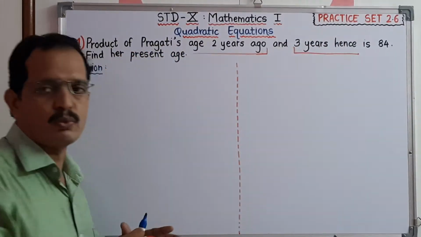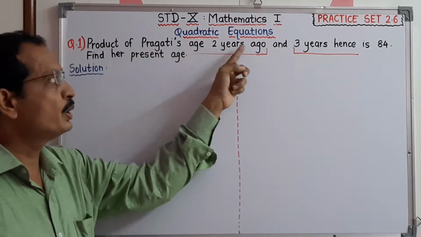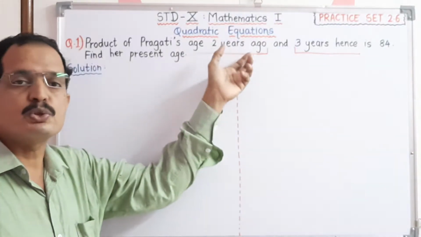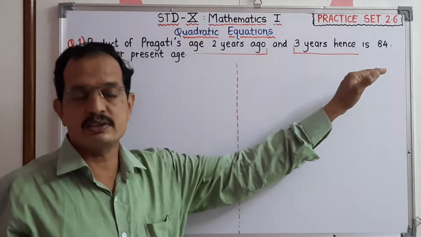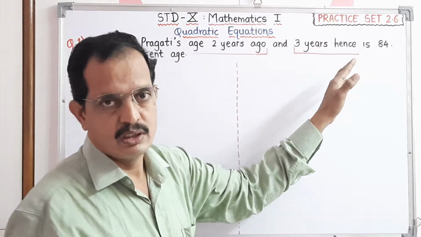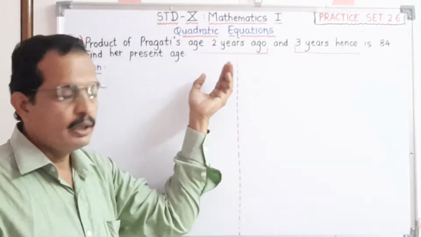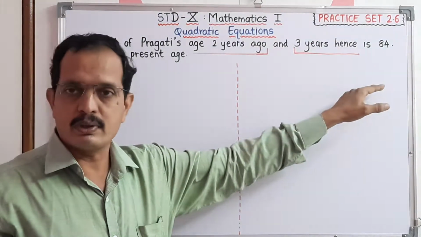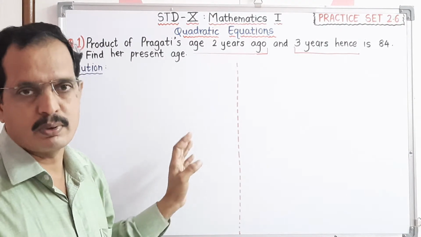That means first of all, we have to find out Pragati's age. Ago, 2 years ago, means 2 years before. And 3 years hence means after 3 years, what will be her age. If we have to find out the age 2 years before and 3 years after, we must know today's or the present age of Pragati.